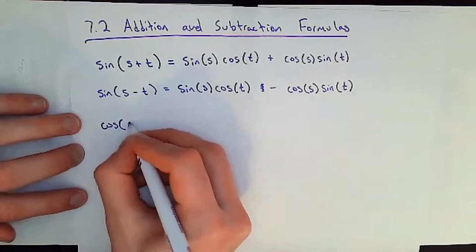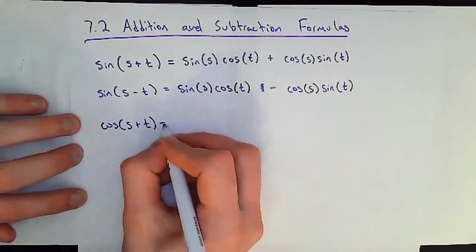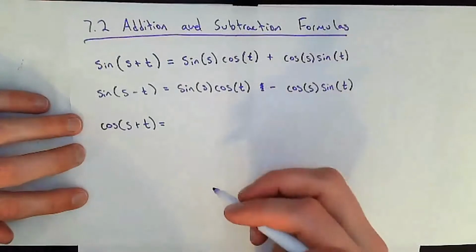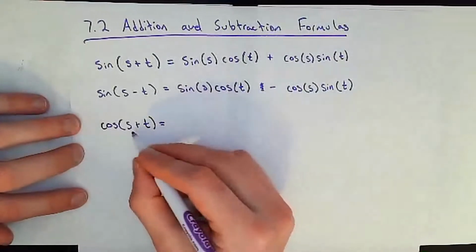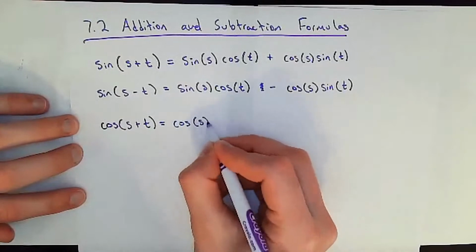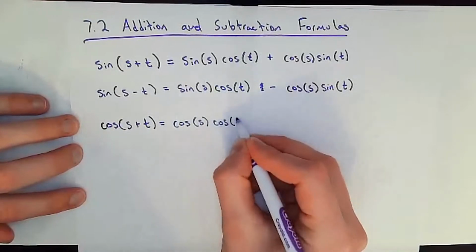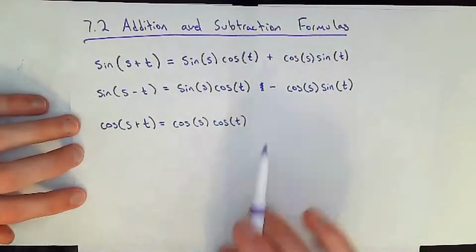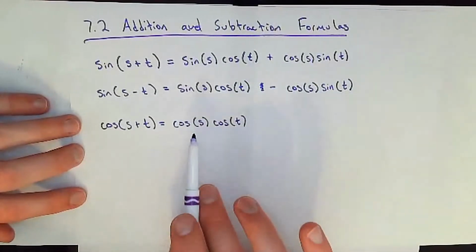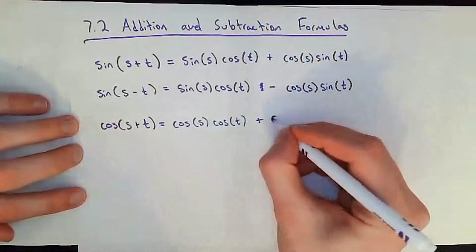Then we have cosine of s plus t. Very similar formula, but we should be careful. It's not exactly the same. For cosine of a sum of two inputs, we have cosine of the first input times cosine of the second input. So notice the difference: up here it goes sine, cosine, cosine, sine. Down here it's going to go cosine, cosine, and then sine, sine.